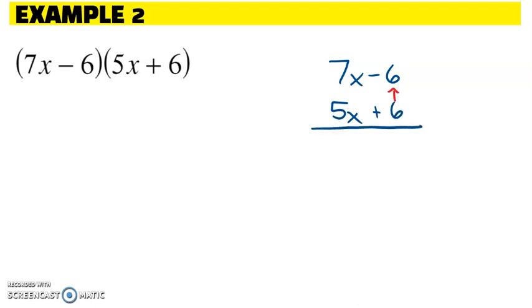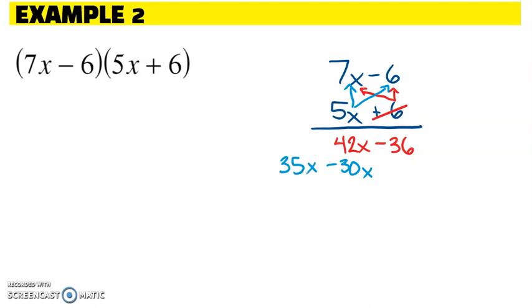Okay, 6 times -6, mind your signs, that's -36. 6 times 7x, 6 times 7 is 42 times x, done with the 6. And now we're going to multiply 5x times each thing. 5x times -6 is -30x. Notice my x's stack.